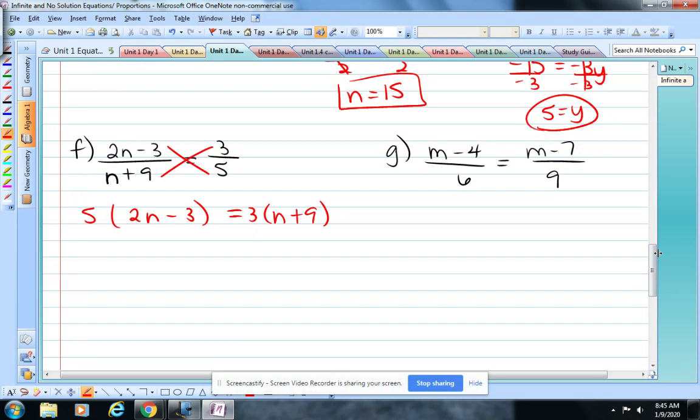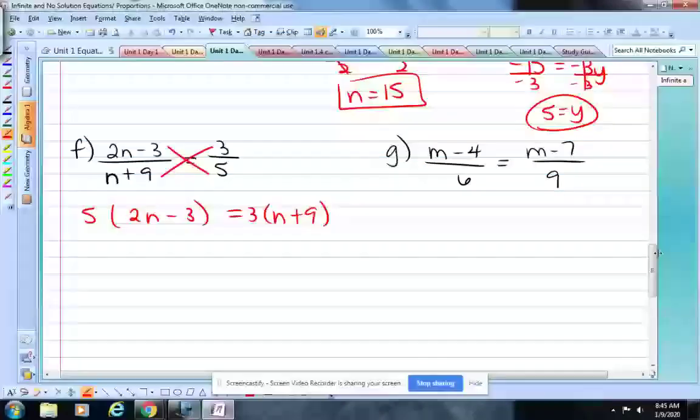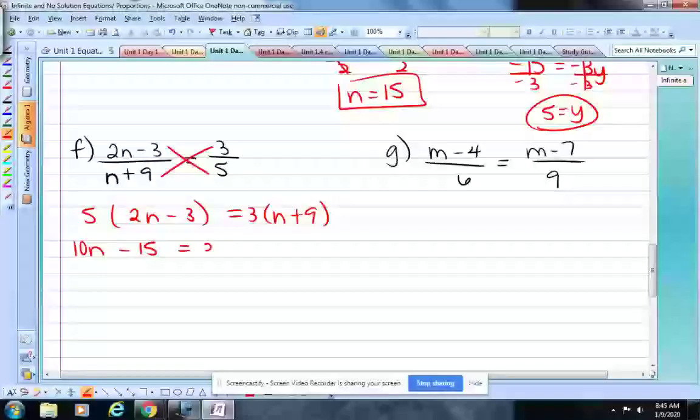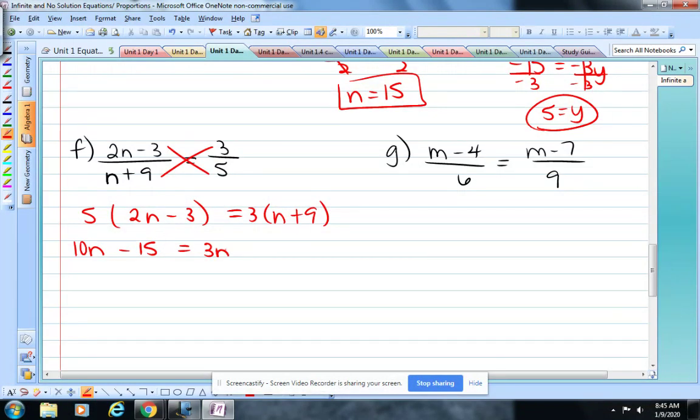Yeah, we're going to distribute on both sides. So what's 5 times 2n? 10n. What is 5 times negative 3? Equals, what is 3 times n? And what is 3 times 9? Okay. So far, so good? Now what do we want to do? Subtract 3n to get our n's together.